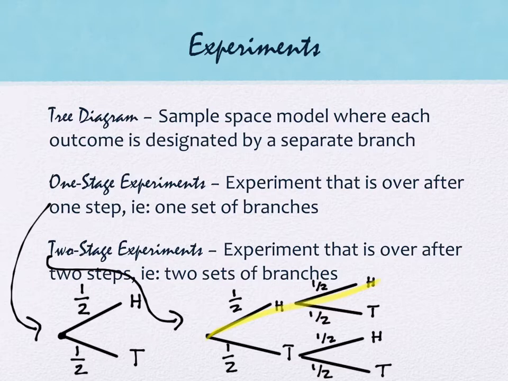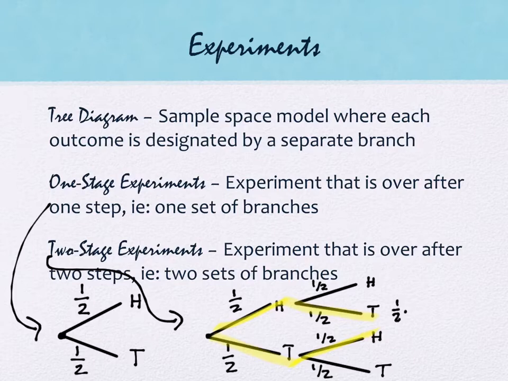The reality is, on this particular one, if you wanted to know the probability of getting heads and tails, I flipped it twice, and I got 1 head and 1 tail. Well, there's actually 2 outcomes that have it happen. There's this outcome here, heads, tails, and there's this outcome here, tails, heads. And just like I mentioned before, I can multiply along the branches.